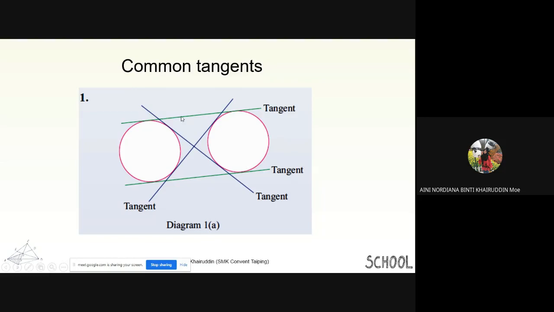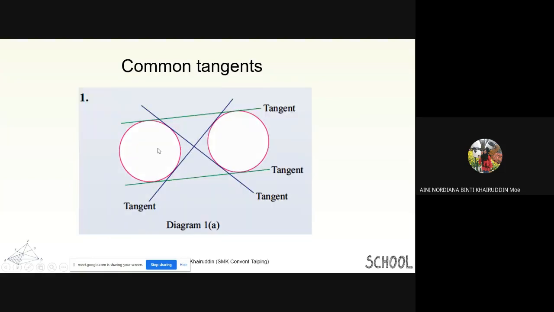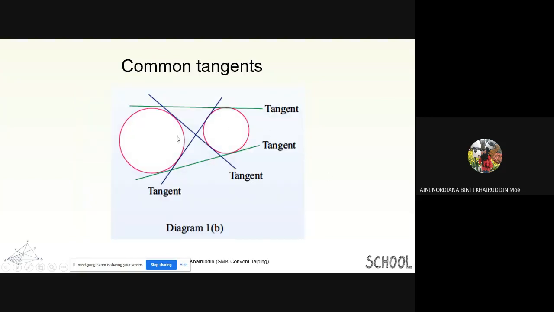Macam tangent yang atas ni, circle ni pun tangent yang sama, circle yang kedua pun tangent yang sama. Common tangent, maksudnya tangent yang sama ataupun tangent yang sepunya. Okay, ini tadi tu circle ni equal size. This one different size. Satu small circle, satu big circle. Sama juga, still ada 4 tangent.